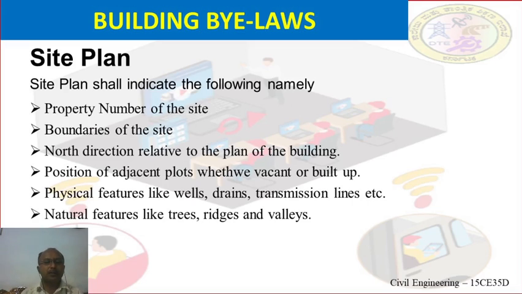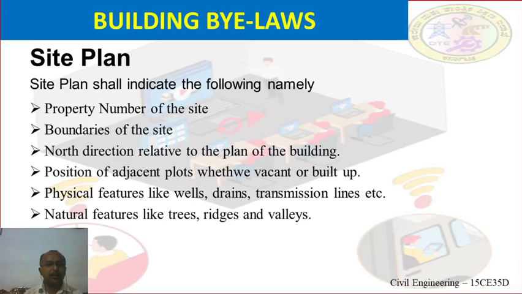Property number of the site: in the site plan we have to exactly show our property number, that is, simply the plot number. The plot number must be shown on the site plan. For example, site number 123 or 125, in this manner you have to show it in a hatched portion of the building.